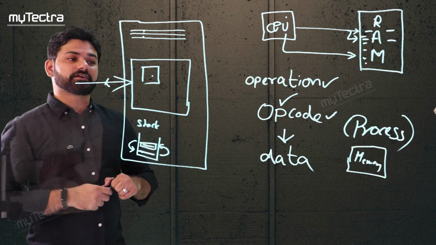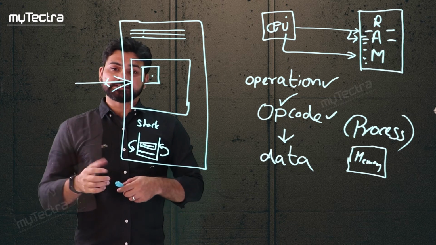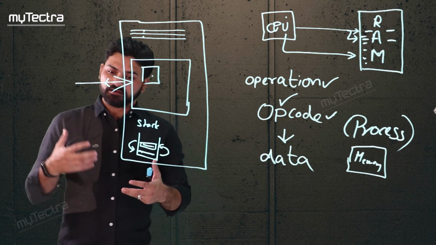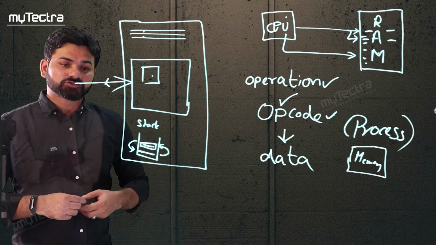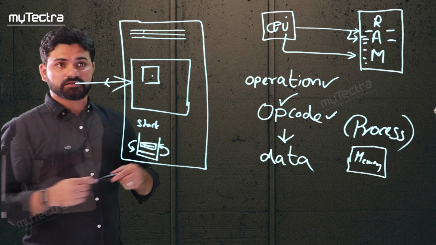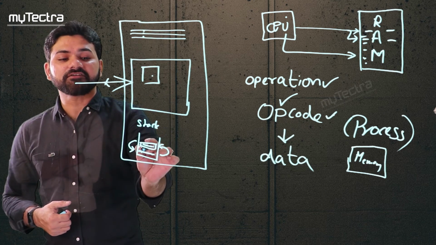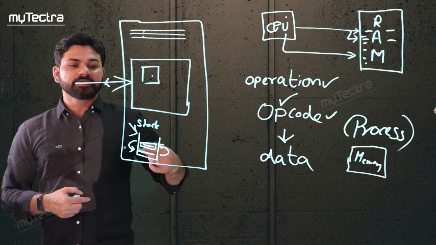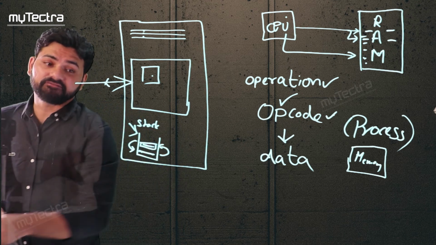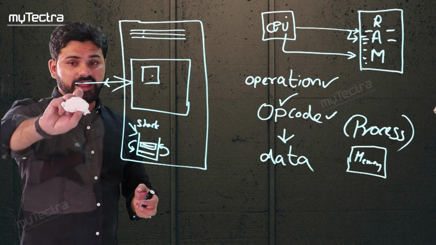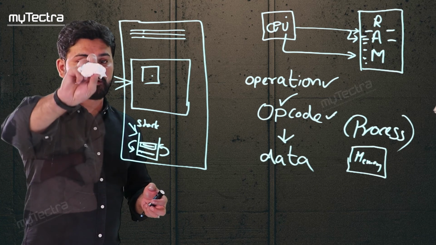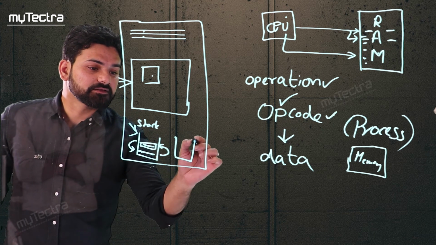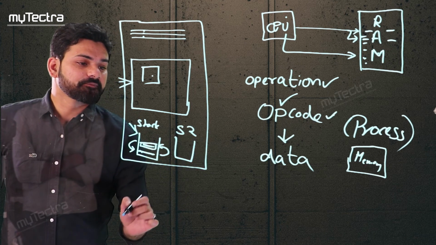Another thing you will hear about are the threads. For example, multi-threaded programming and multi-threaded systems. So what happens in those cases is each process will not just have this one stack of runnable code. It will in fact have multiple such stacks and multiple such runnable code. For example, this will be stack 2.